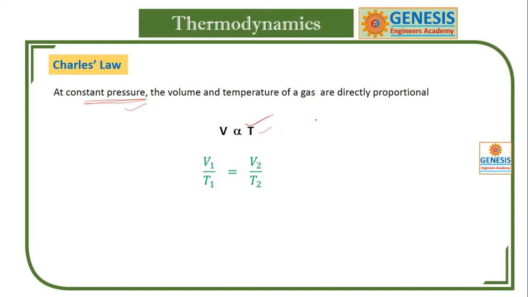So the volume is directly proportional to temperature. If the proportionality constant is removed, it becomes constant into temperature T. So V by T is equal to constant, so V1 by T1 is equal to V2 by T2.